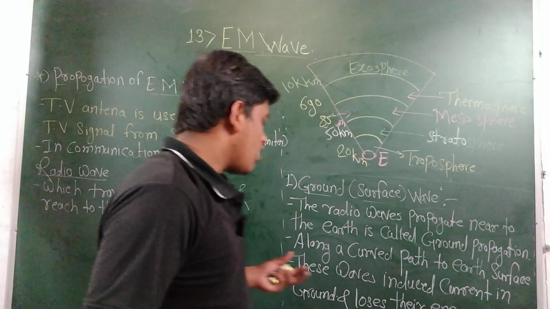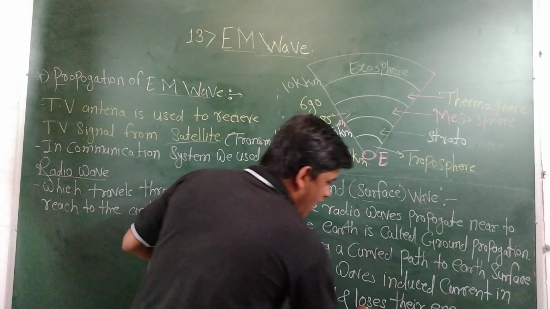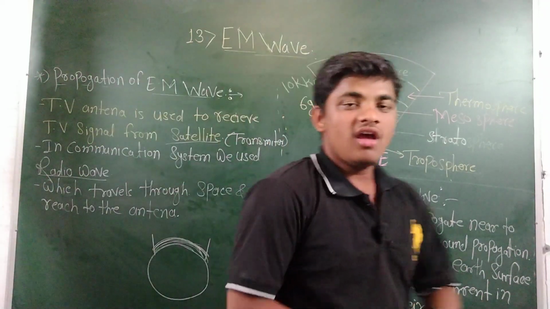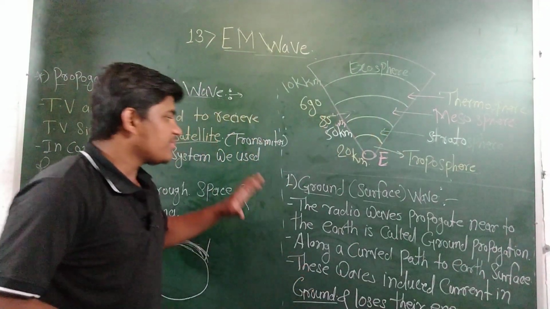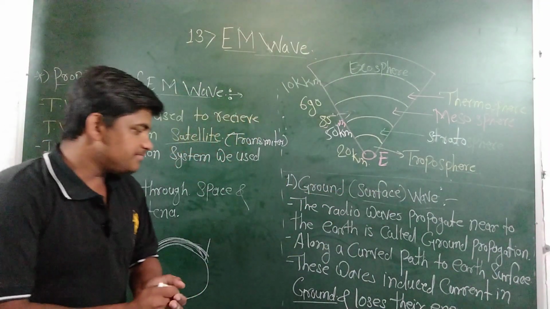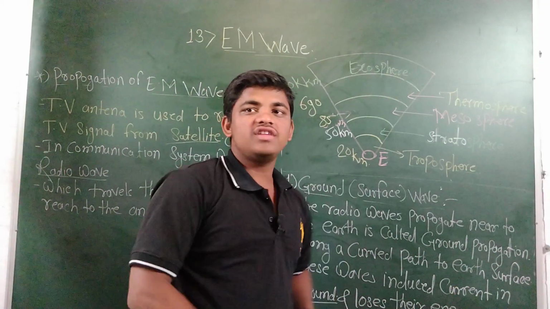When the waves travel, they induce some current in the ground and they also lose energy. What happens? The question I will ask here: when radio waves are transmitted closer to the earth's surface, they induce current in the ground and they lose their energy.